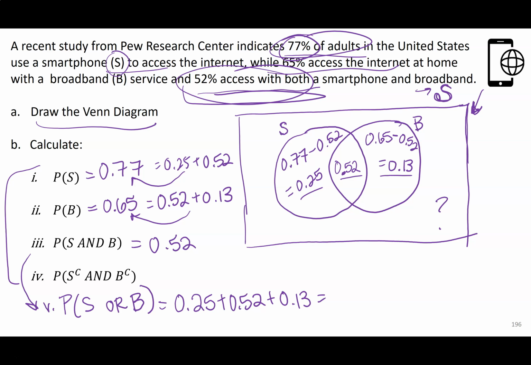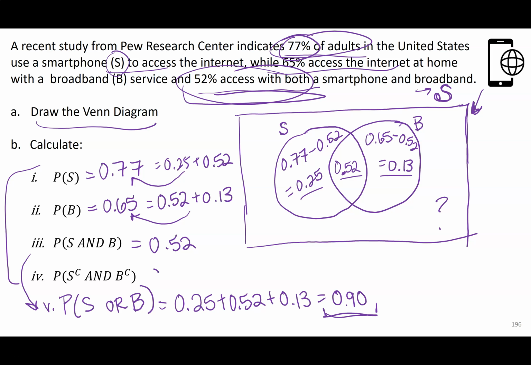And I believe this should add to 0.90. So what this means, and I have to constantly step back and ask myself, did I answer the question? If I were to randomly select a U.S. adult according to this survey, 90% of them have a smartphone and/or broadband. They have at least one of those.